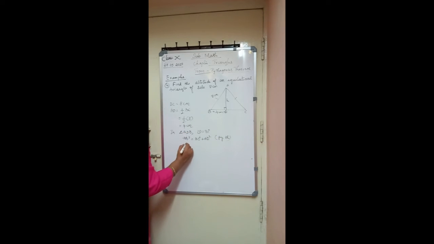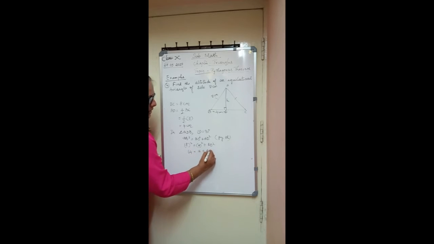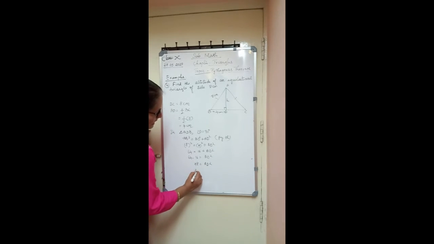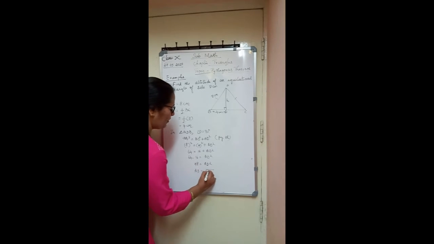So what is AB square? 8 square equals 4 square plus AD square. 8 square is 64, 4 square is 16. So 64 minus 16 equals AD square. 48 equals AD square. So AD equals root of 48.